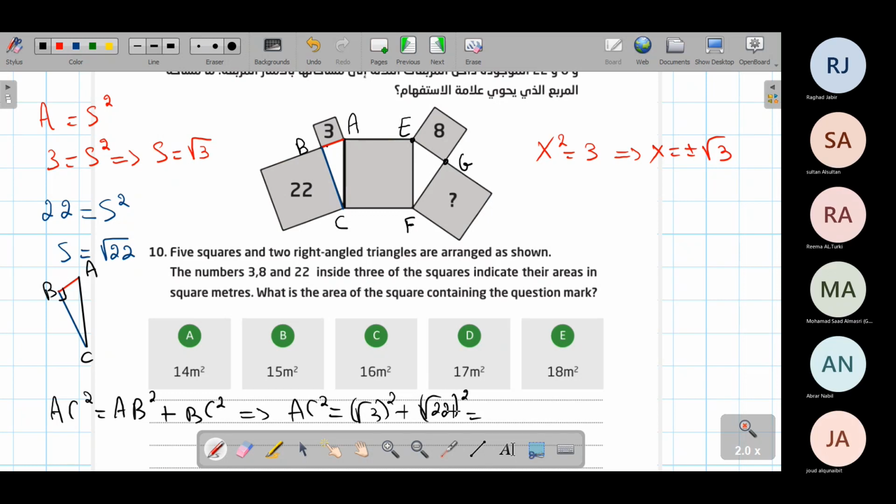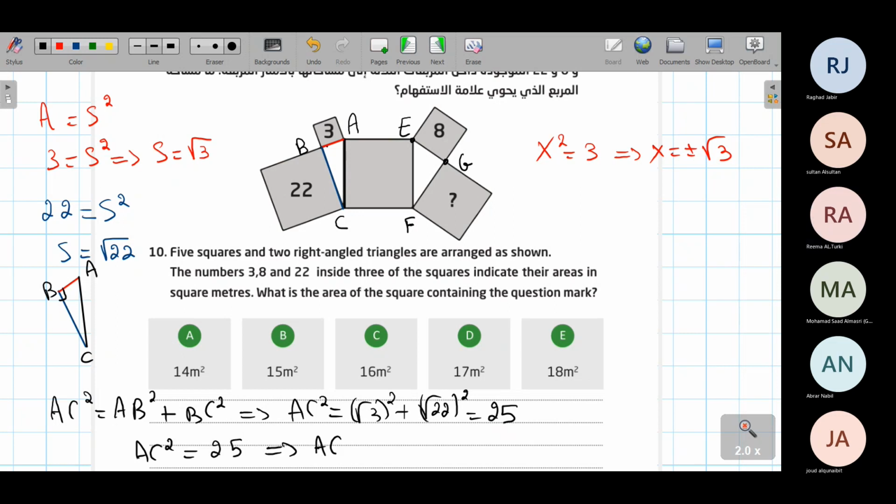So it's 3 plus 22, 25. If AC squared equals 25, then AC equals radical 25, which is equal to 5. So AC is equal to 5. When I say AC equals 5, it means this one will also be equal to 5. Okay?